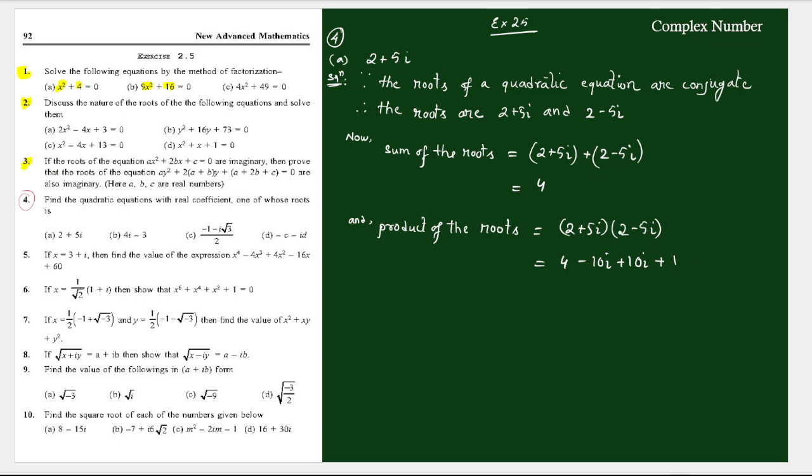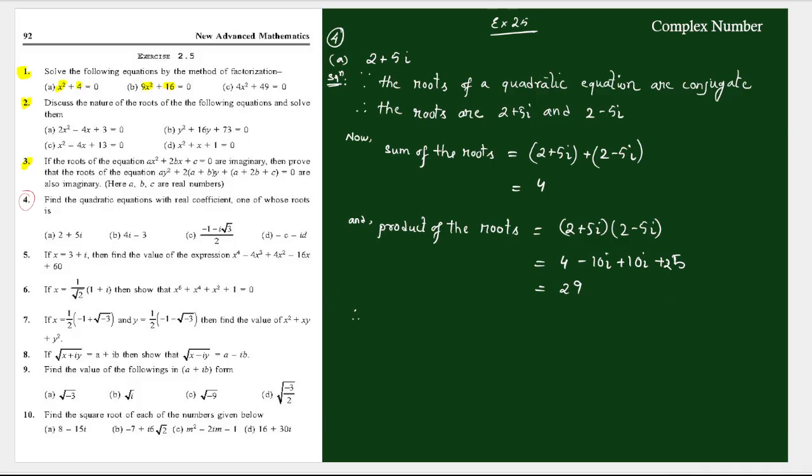So ये क्या हो गया? प्लस इंटू आई स्क्वायर क्या हो जाएगा? माइनस. सो प्लस इंटू माइनस इज माइनस, सो माइनस माइनस प्लस 5 5जा 25, ठीक है? तो माइनस 10 प्लस 10 becomes 0. 4 plus 25 is 29.